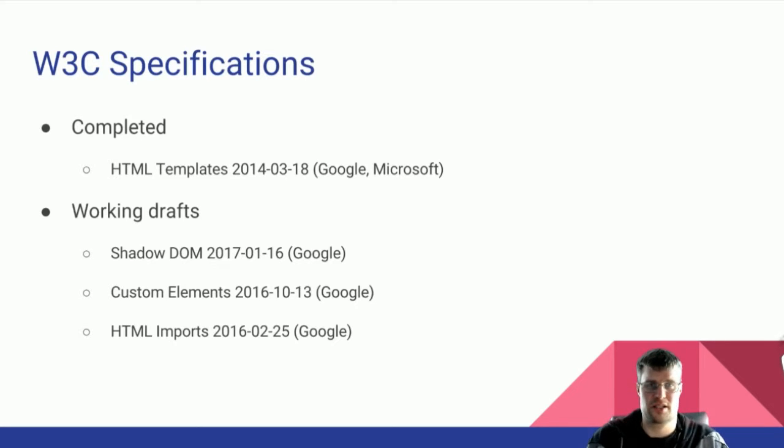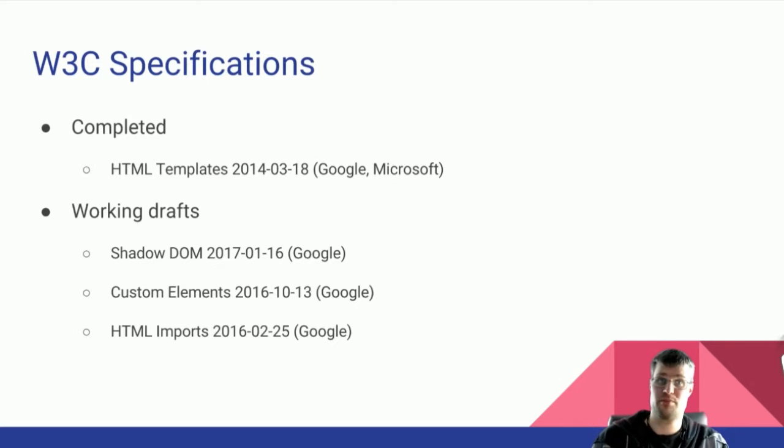Custom elements is a good second, and HTML imports is a little bit harder to specify because there is actually a bit of disagreement inside of the forums and so on in how to implement this feature. So probably it will be solved in the future, but it's not that important for web components, so I think we are in a good position to go forward.